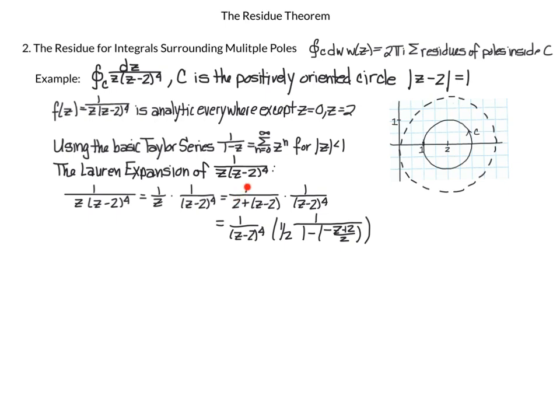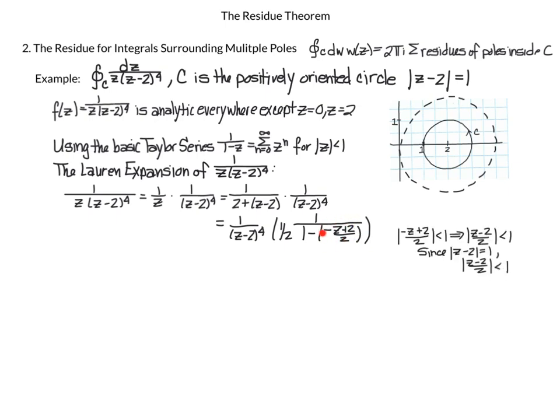So I'm going to divide the numerator and the denominator by 2. I'm going to have 1/2, which I'm just going to factor out. And then 2 divided by 2 gives me 1, minus (z minus 2) divided by 2.